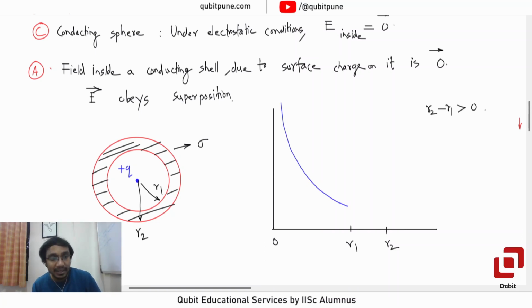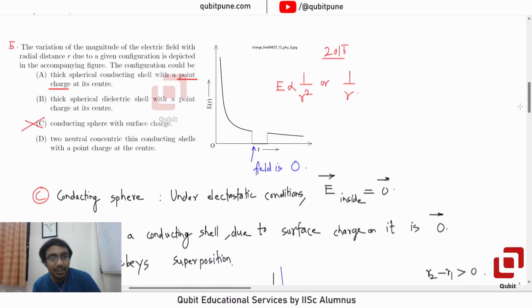Now, in electrostatic condition, can a conductor have field inside? No. So between R1 and R2, the field will drop to 0. Raise your hands if you have understood this. The field will drop to 0, and then after R2, it will again follow a decreasing curve. So which option is correct? Option A is correct.